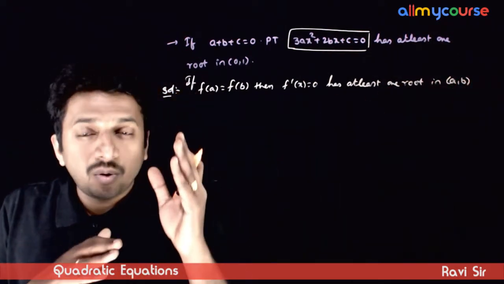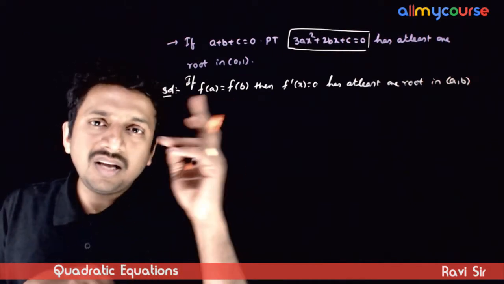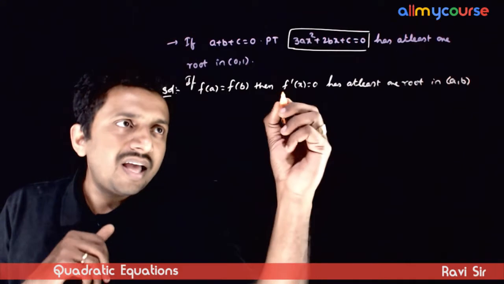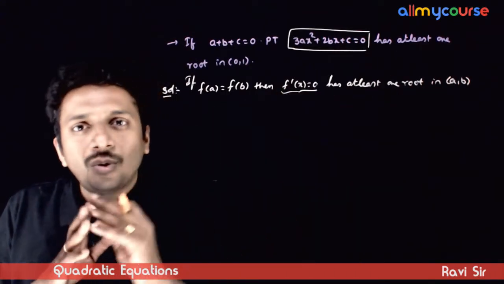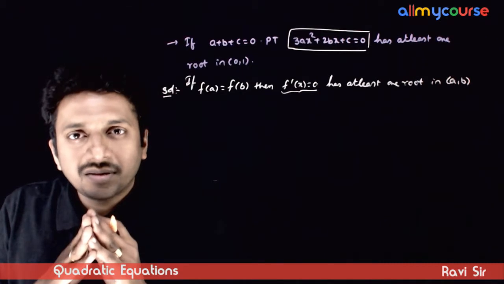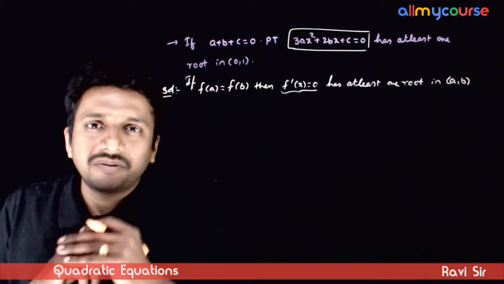This is Rolle's theorem for polynomial functions. If f(a) = f(b), then f'(x) = 0 has at least one root in (a, b). So now compare this statement with the given question.